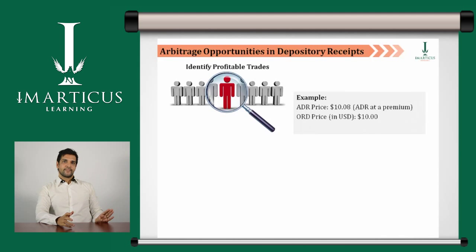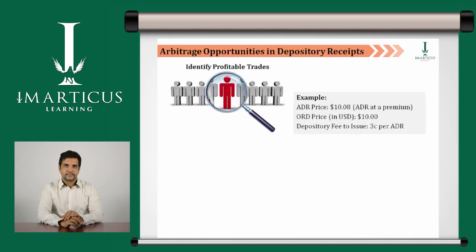Example: ADR price is $10.08, that is, the ADR is at a premium. ORD price in US dollars is $10. The depository fee to issue is 3 cents per ADR.